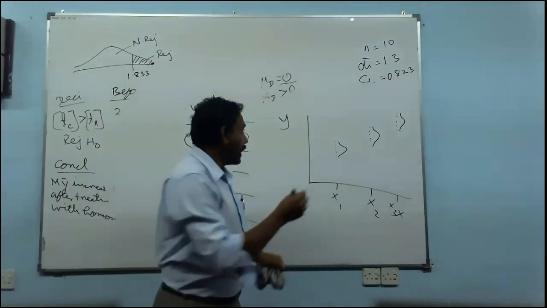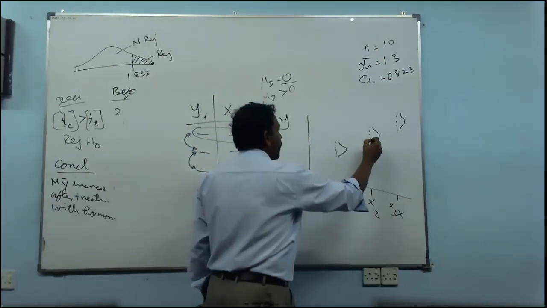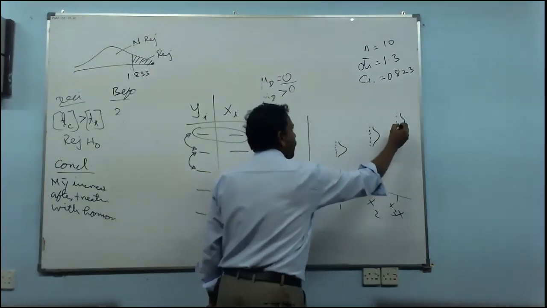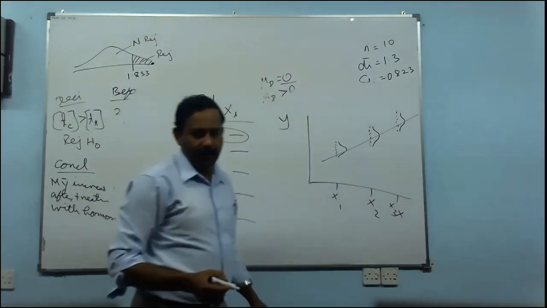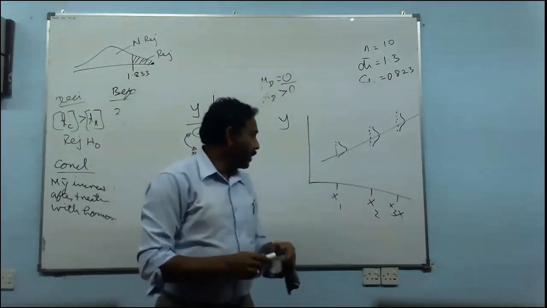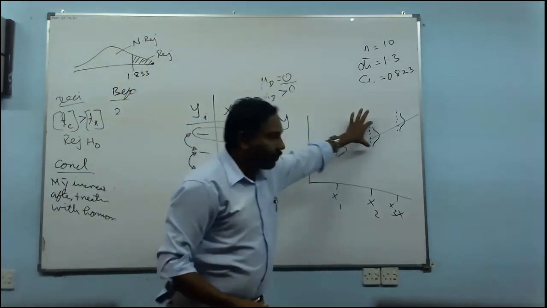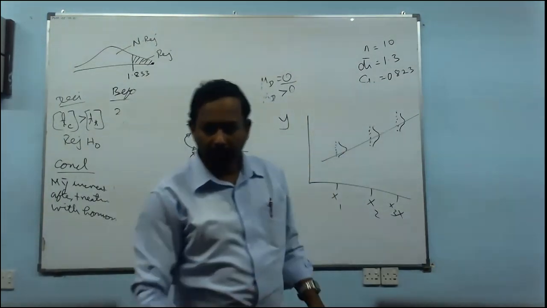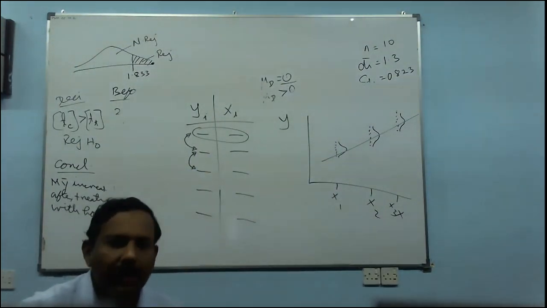Here we have several data points, here several, and here several. You see there's a linear increase. So at each x level, the variability is the same.